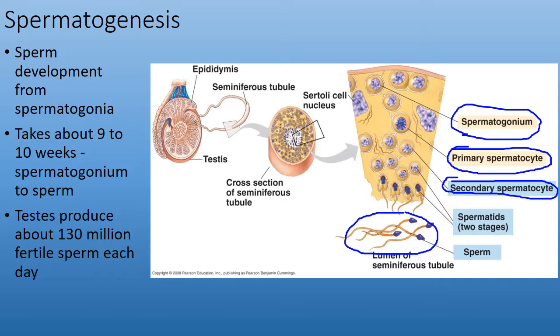With oogenesis, there was only 1 egg cell and 3 polar bodies. It takes about 9 to 10 weeks for spermatogonium to develop into sperm, but the testes will produce about 130 million fertile sperm each day.